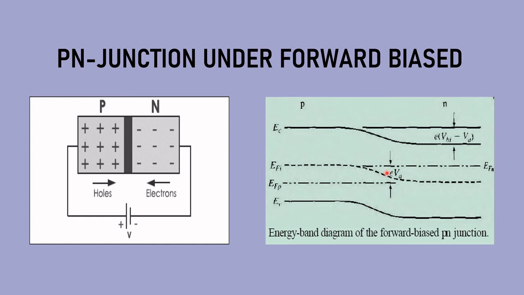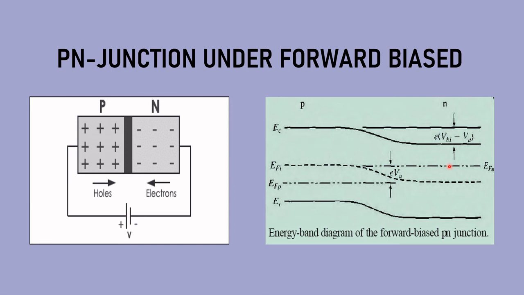So this is a PN junction with an applied forward bias. The net electric field is reduced because the applied electric field opposes the built-in depletion region potential barrier. The energy bands shift due to the applied bias, and the Fermi level on the n side, that is EFN, is above EFP by the energy due to the applied voltage.